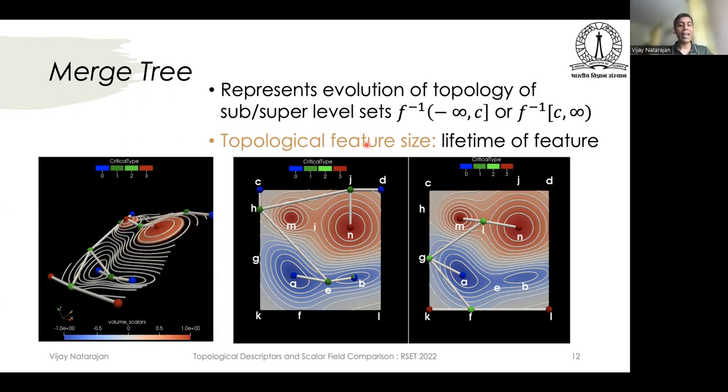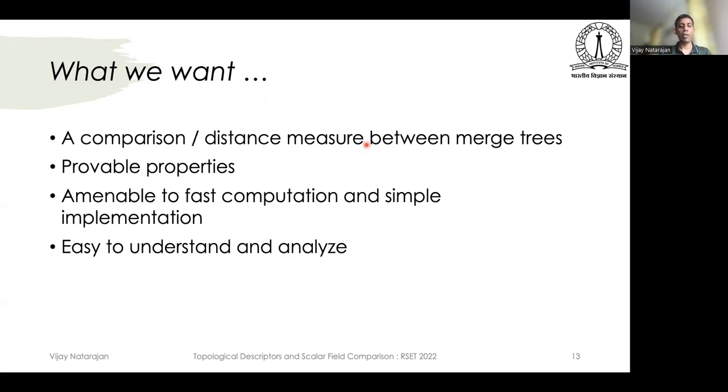Okay. So with that introduction to two topological descriptors, let us jump in and talk about how we try and compare these merge trees. Our goal is to design a comparison or a distance measure between merge trees.